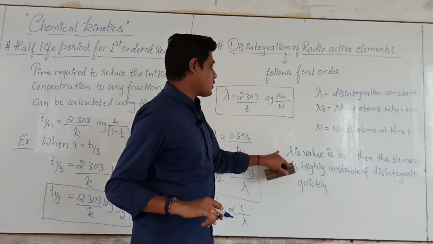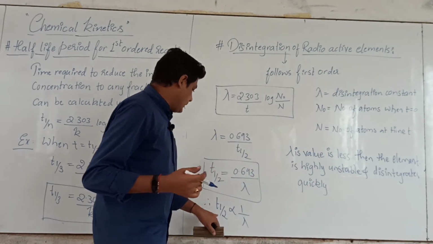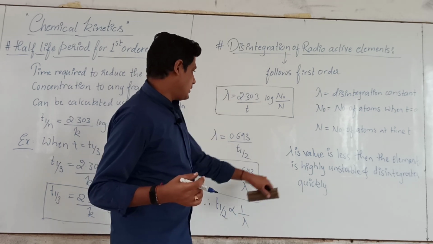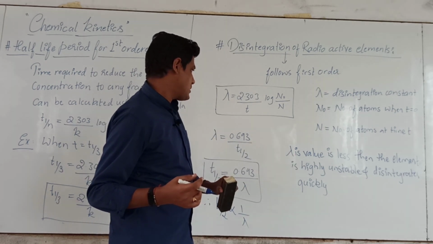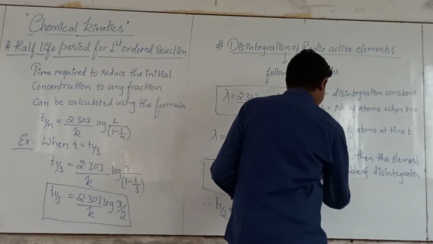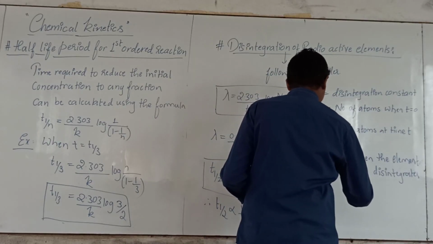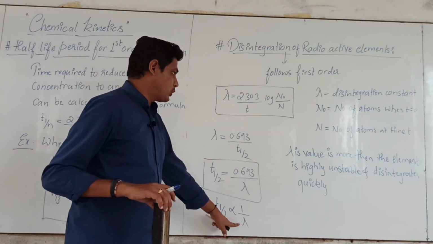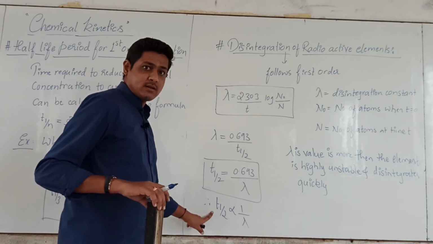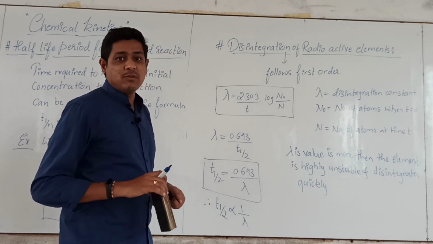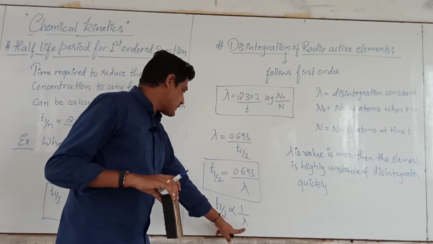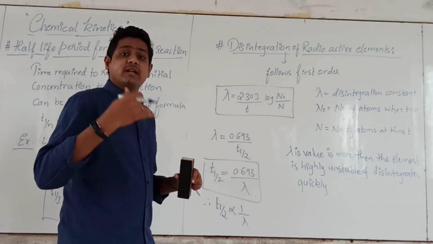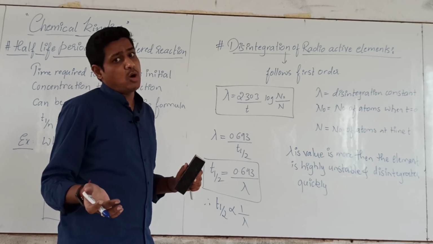If the disintegration constant value is more, t half will be less, which means the element will disintegrate quickly. If this value is less, then t half will be more.